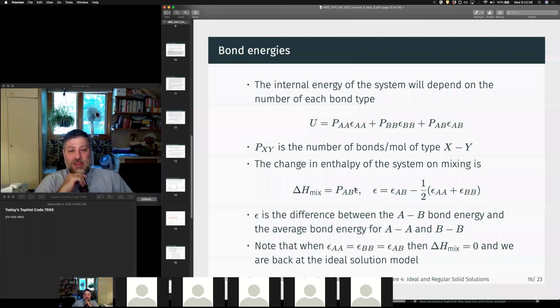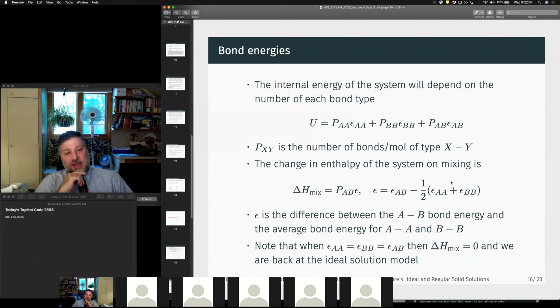It is going to be the energy of each bond type times the number of bonds that we have. Or, I said this wrong. This epsilon here is a type of average or a deviation from the average. So this here is the mean.